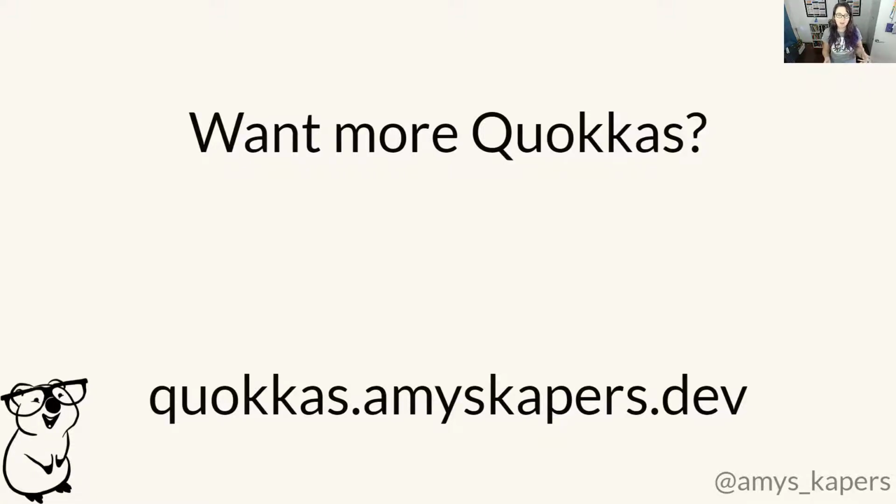For example, Quokkabot is also available on email. So you can email in pictures of quokkas, and that works similarly to the WhatsApp one, but using the SendGrid API to trigger an Azure function to send through to Cognitive Services.